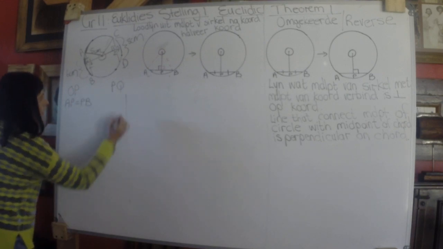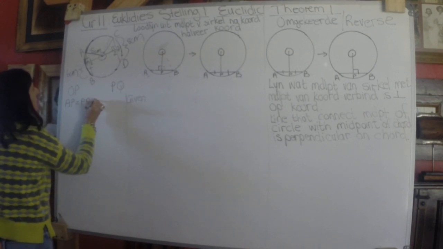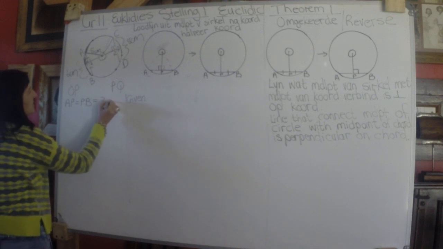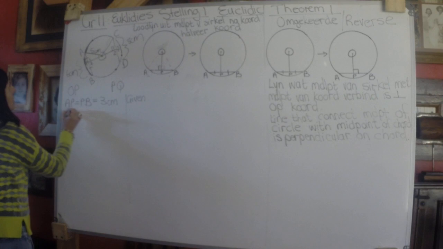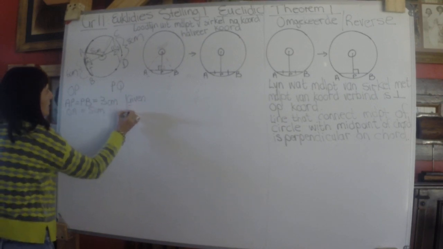Okay, because that's given. Dis gegee. En daarom is hulle ook gelyk aan, as daai 6 cm is, jy kan sommer daar wys, dit is 3 cm. Dan weet ons ook, dat OA is gelyk aan 5 cm, that's also been given.